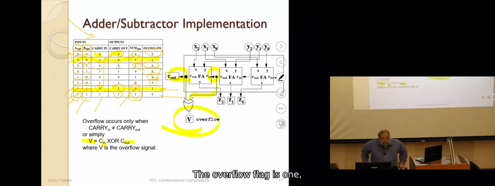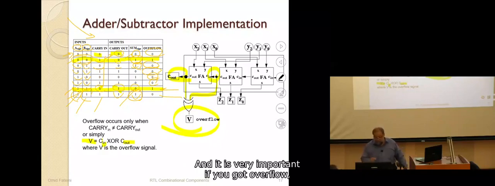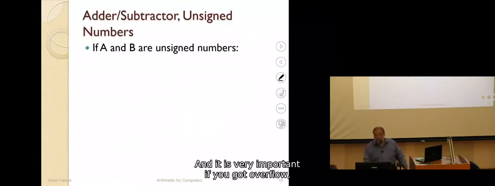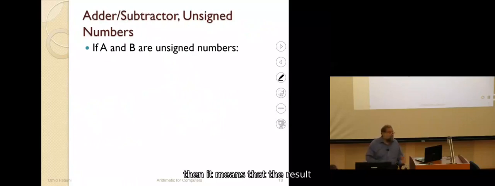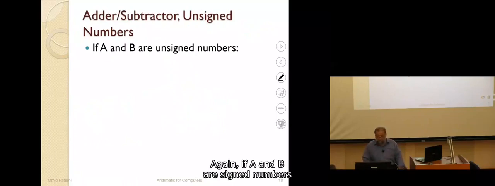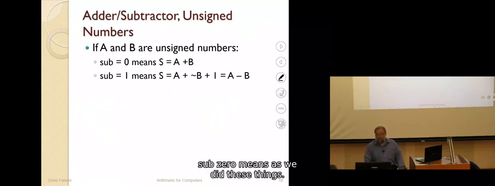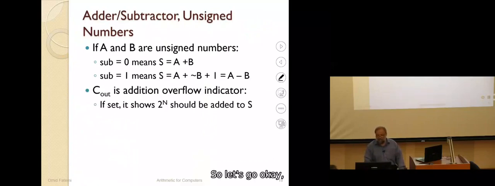The overflow flag is 1 when there is overflow. The overflow flag is 0 when there is no overflow. And it is very important. If you got overflow, then it means that the result is not valid. Throw it away, if A and B are signed numbers. We did this, so let's go on.